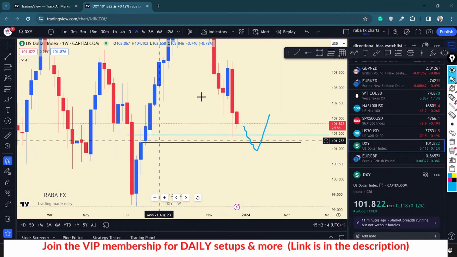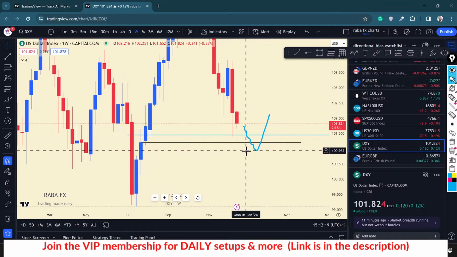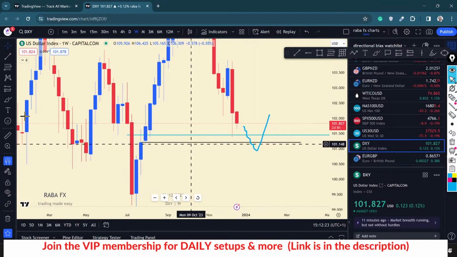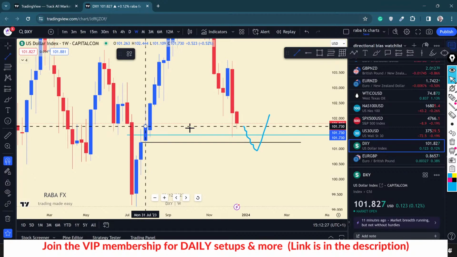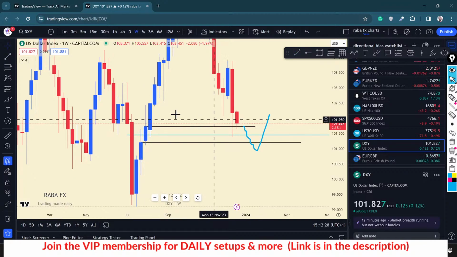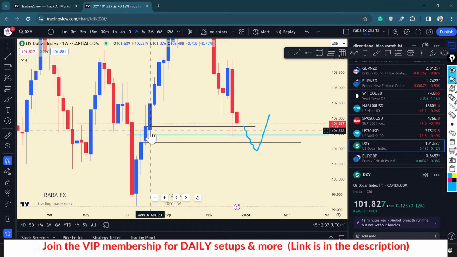Now price is on the weekly here, and I prefer price to react from here. However, I will still not do away with this level where price is reacting. This was supposed to be the opening price. It closed above here, and then price opened below.